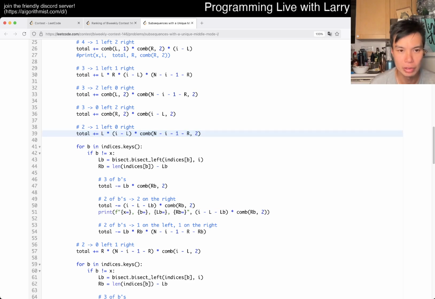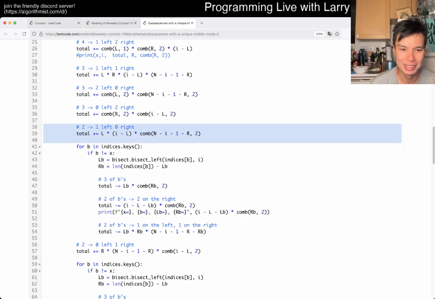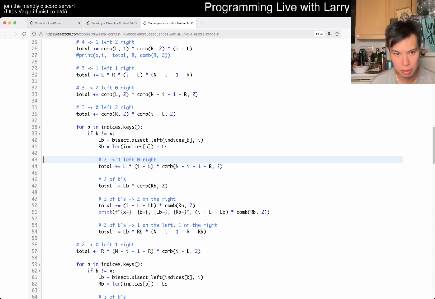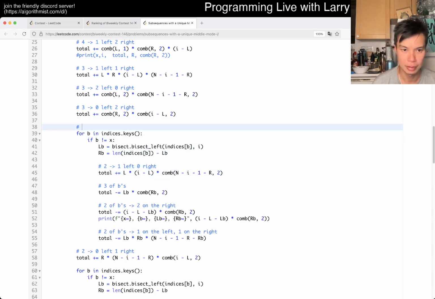So what we can do actually is just do more case enumerations, right? Okay, so we have this thing. Okay, right? So then, okay, so then, one left.